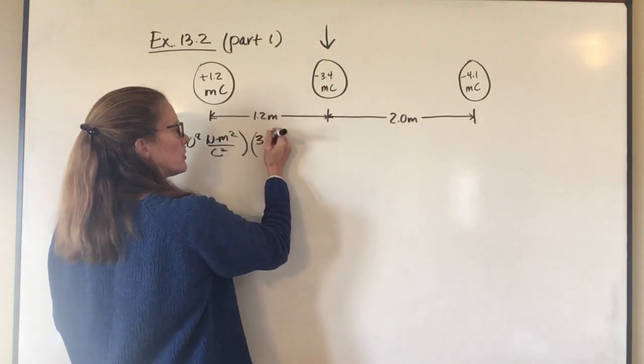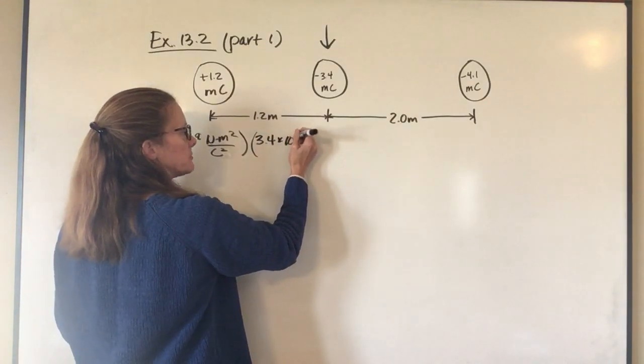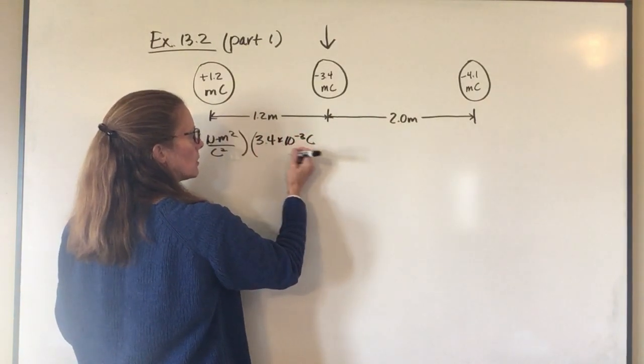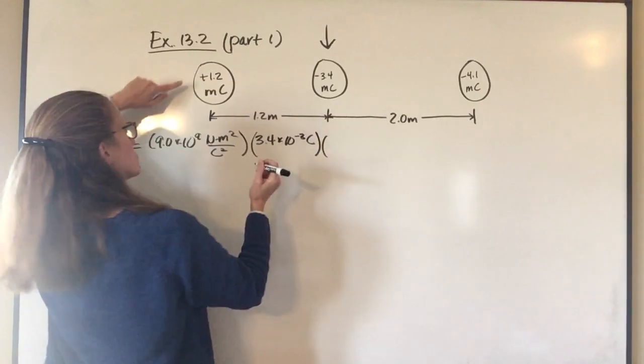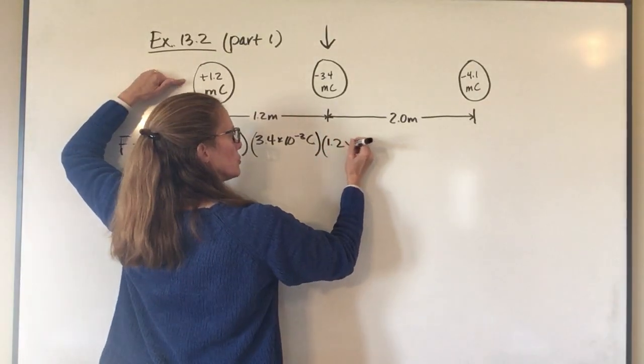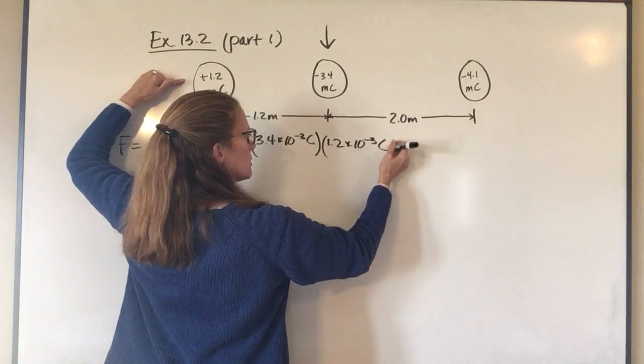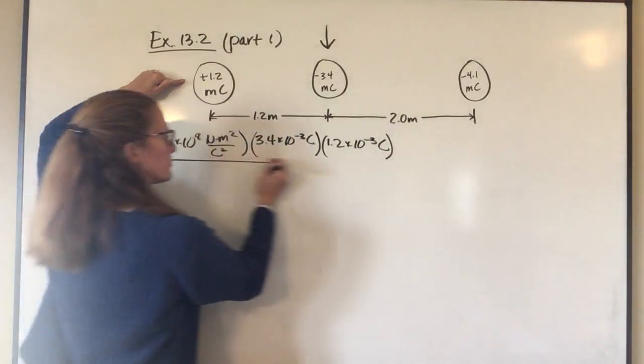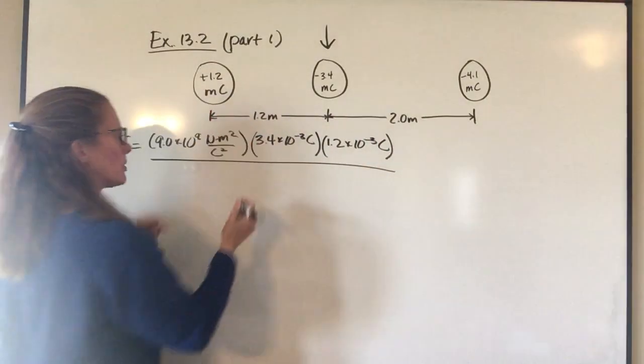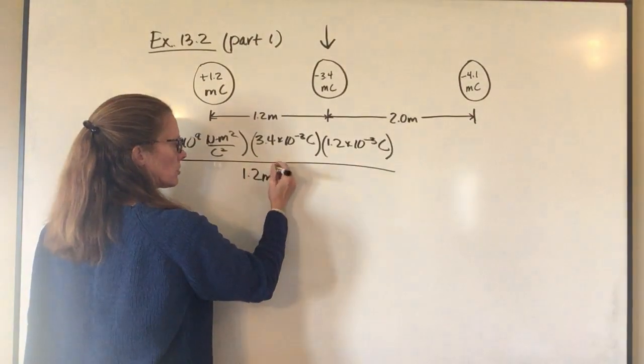Remember, we don't use signs here: 3.4 times 10 to the minus 3 coulombs. And then the charge on this one is 1.2 times 10 to the minus 3 coulombs. And I'm going to put that all over the distance between them, 1.2 meters.